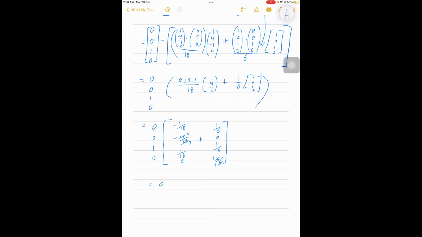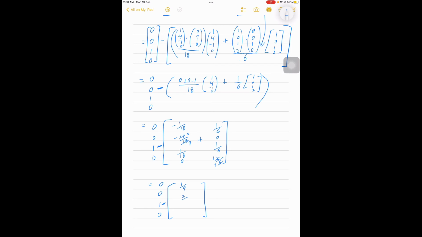And you get 0, 0, 1, 0. Plug the remaining into your calculator and you get negative 1 over 18 plus 1 over 6, 1 over 9. And here we had a minus sign, don't forget that.